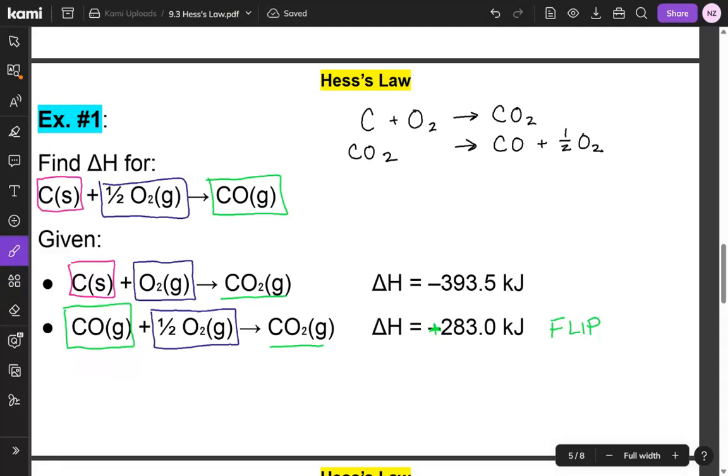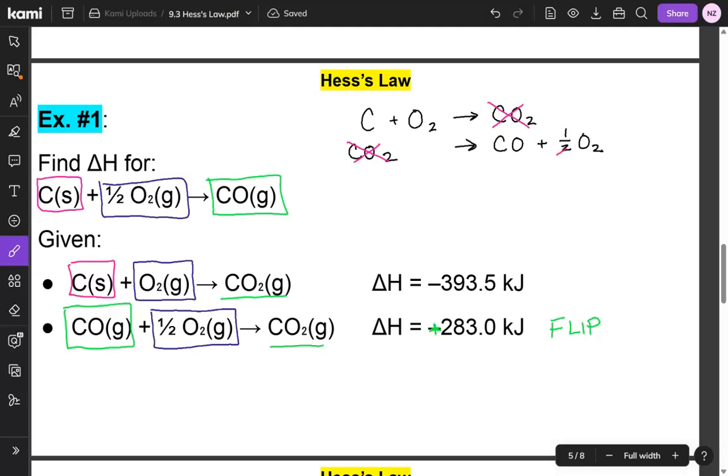All right, anything that exists on both sides of our reaction is called an intermediate, and we're going to cancel that out. So CO2 is produced in the first reaction, and then it's used up in the second reaction, so it's not going to appear in our final equation.